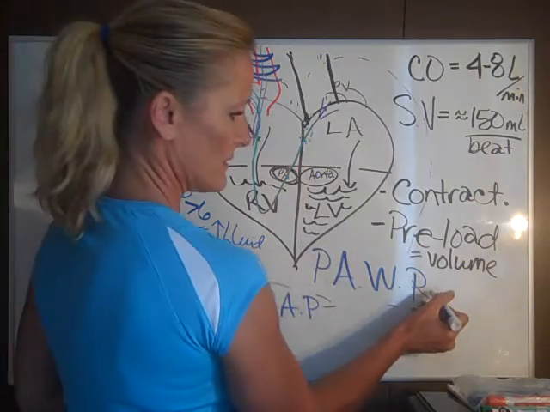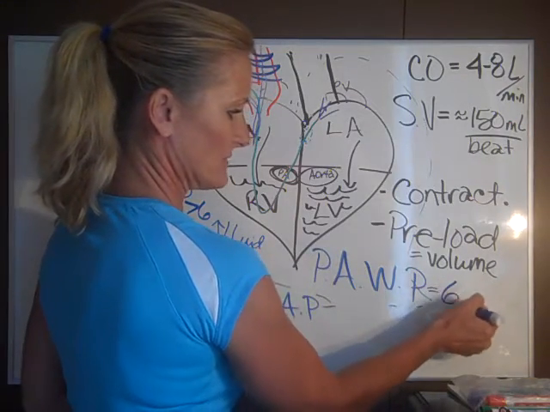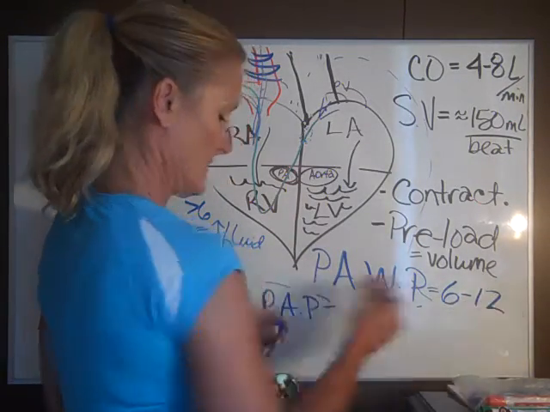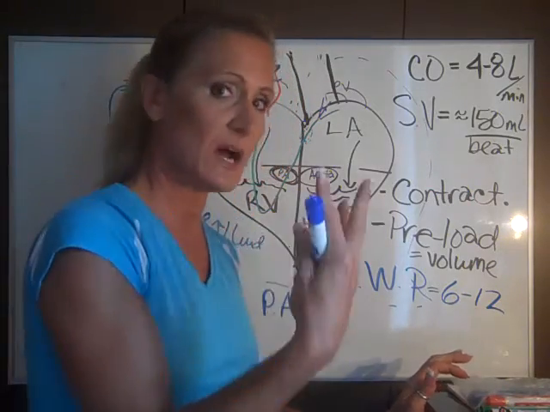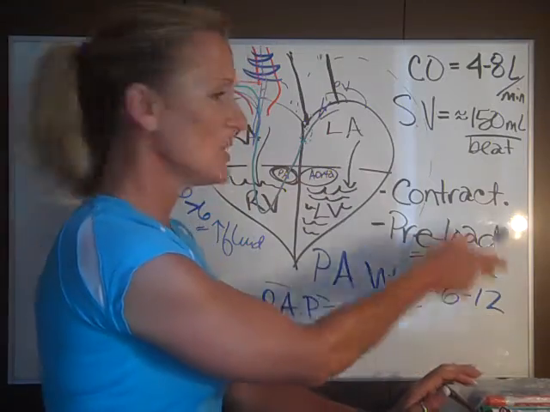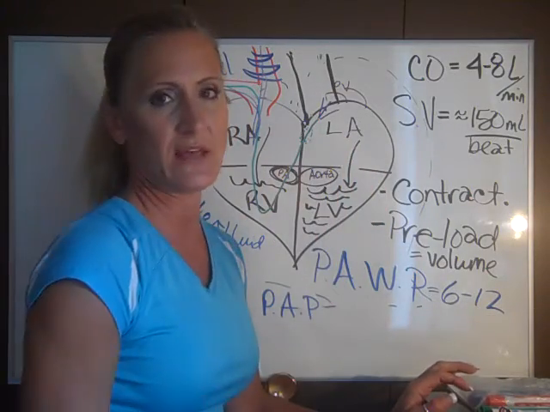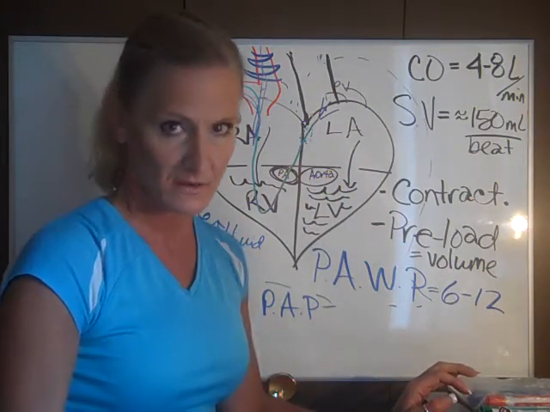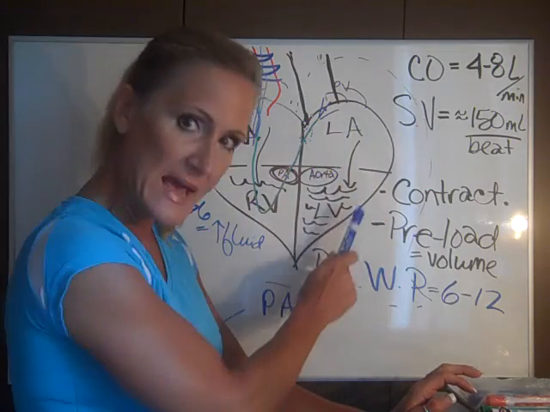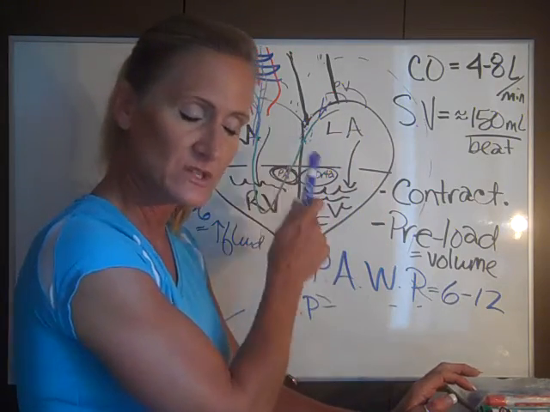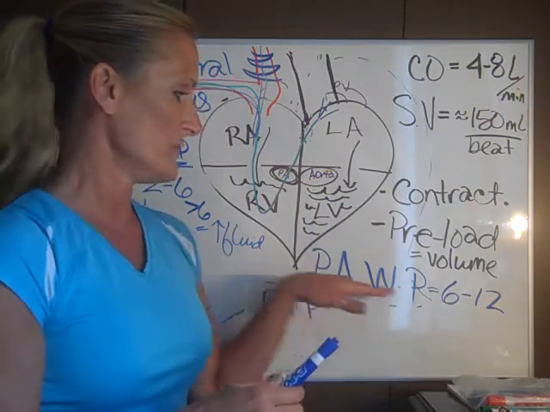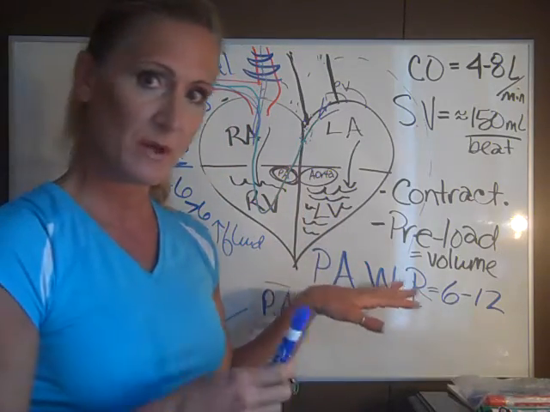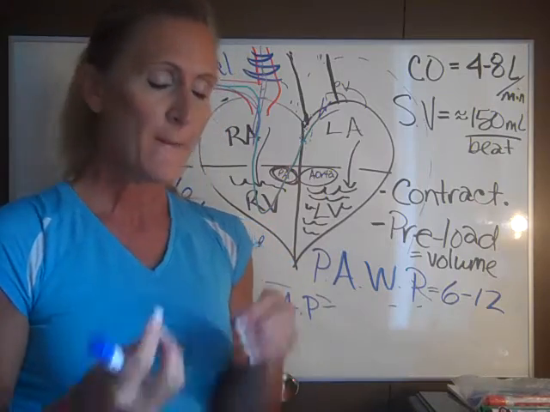Normal pulmonary artery wedge pressures are 6 to 12. When your wedge pressure gets too high, greater than 12, you have too much fluid on the left side of the heart. And so there's probably a backup on the left side, and your patient is probably starting to get into heart failure. So that's how you measure your pulmonary artery wedge pressure.